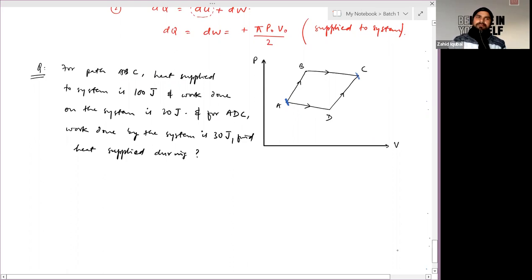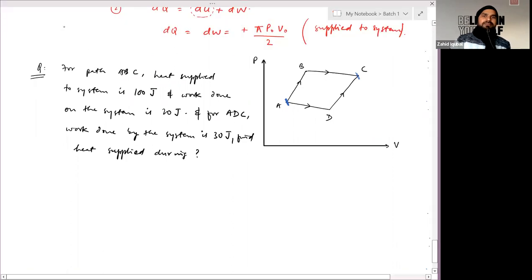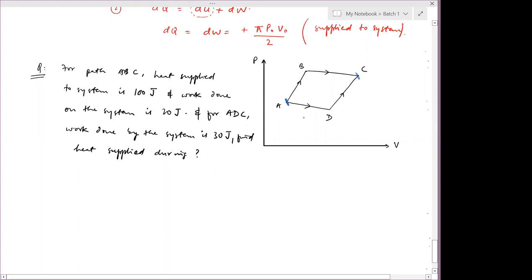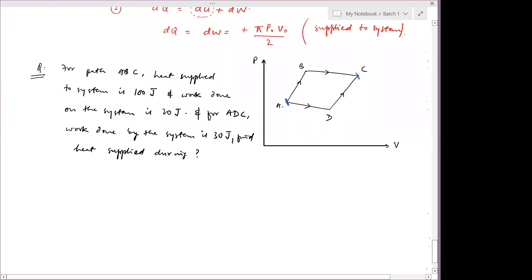Hamza? We have same initial and final point for both these two processes. So the quantity which depends only on initial and final point, independent of path followed by the gas. The work done. It should be internal energy, okay? Okay, sir.